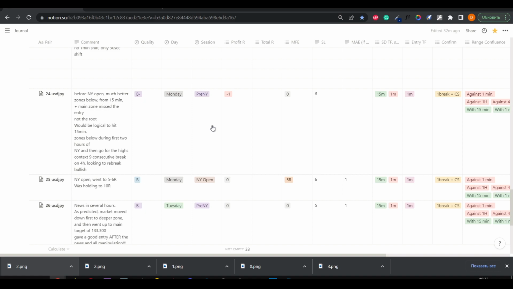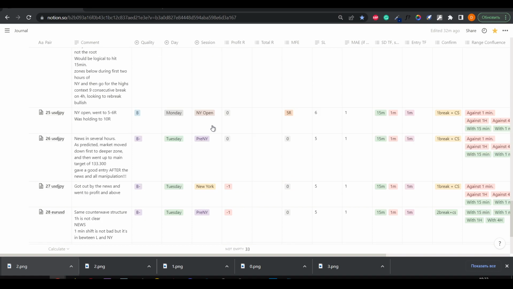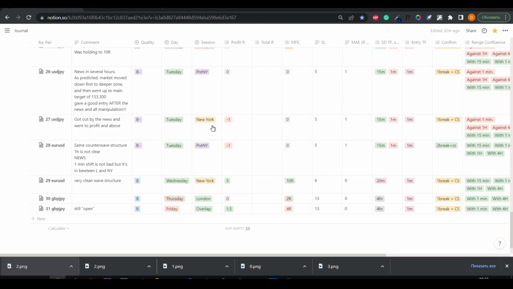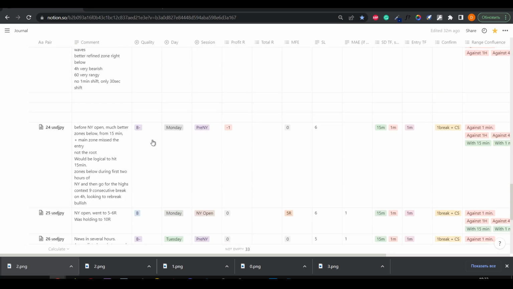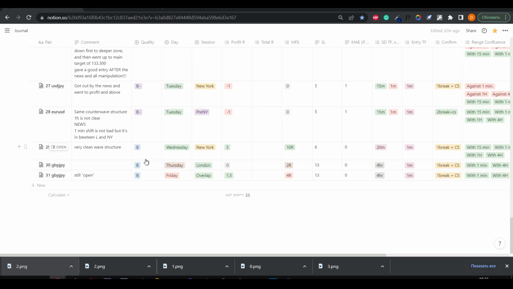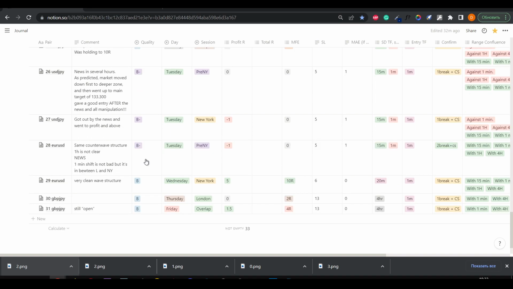I want to start with the better examples, the ones that worked out, so you don't waste your time if you just want to see what worked, and then move on to discussing the ones where, as you can see, I had B-minus quality setups all week and then some B quality. So yeah, just a very average week with some stuff going on.